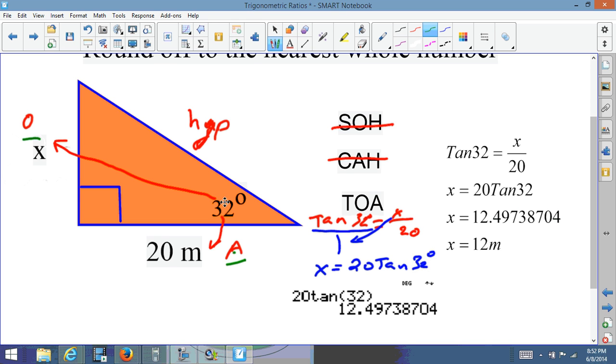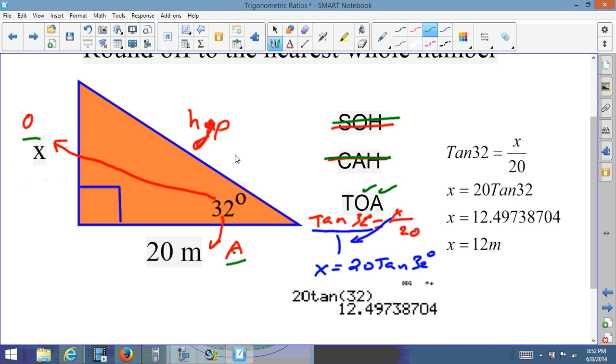So we need the angle because that's what we're going to figure out, but there was no hypotenuse, so that's why I crossed off sine and cosine. I need two parts. I had an opposite side and I had an adjacent side. So tangent is the one I was going to use because I had two things. So tan of 32 degrees, because that's how far SOHCAHTOA is aiming, equals opposite over adjacent, and then cross multiply and solve using your calculator.